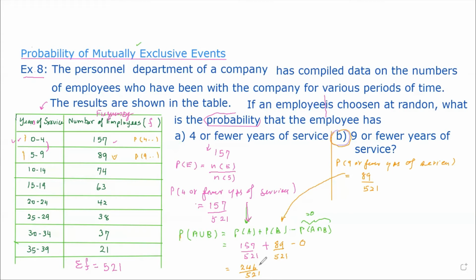If you count it as a decimal, it's approximately 0.472, I think, rounded. So 0.4722. One more time, 246 divided by 521 is 0.4722. That's the probability for this question.